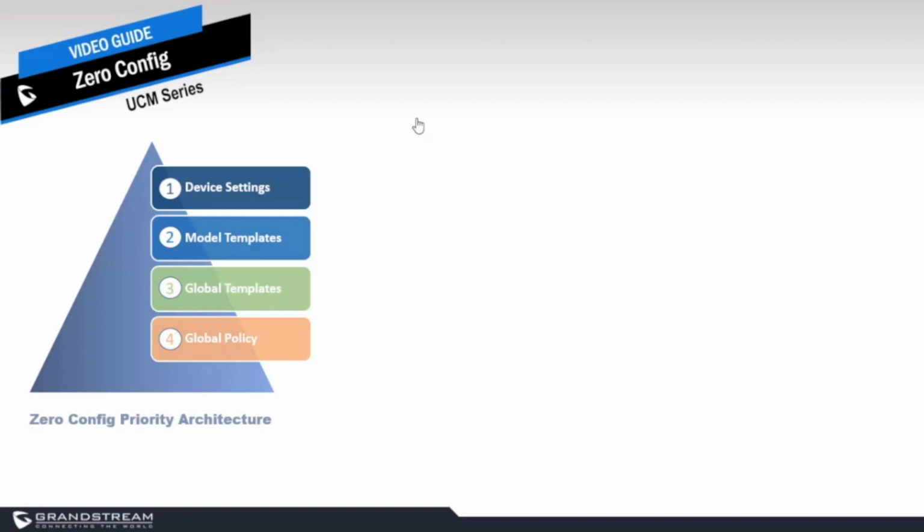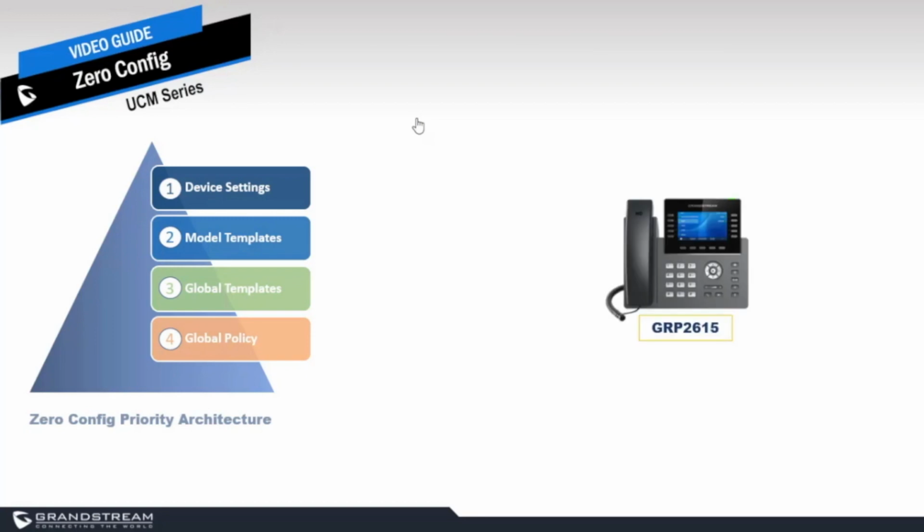Let's look at this example to help us understand the priority architecture. For instance, if a user has a global policy with the login password set to password and the selected model template with a different login password, in our case it's secret, then later you decide to assign a unique admin password for a specific user who wants to access the web UI of the phone.